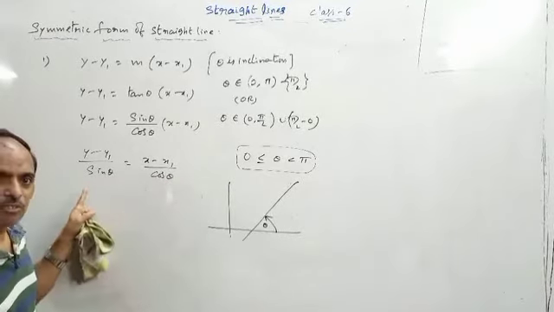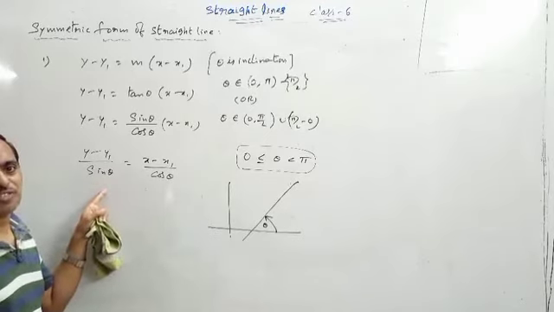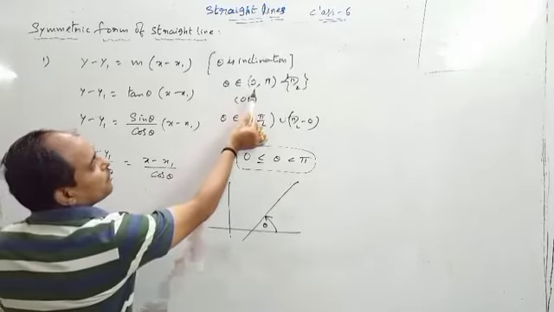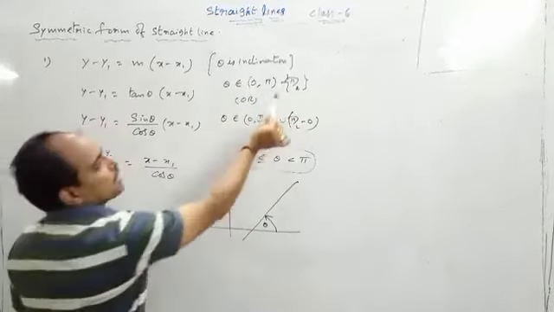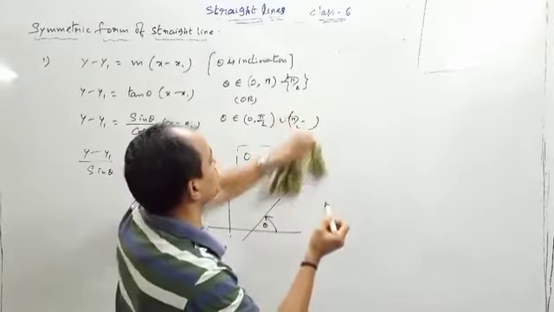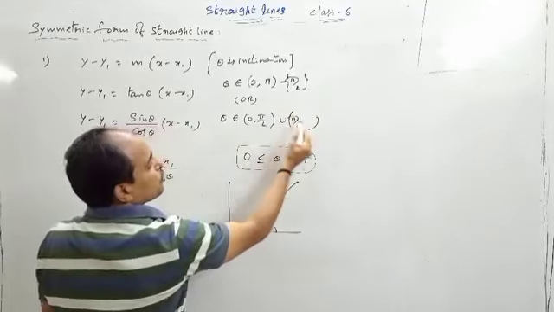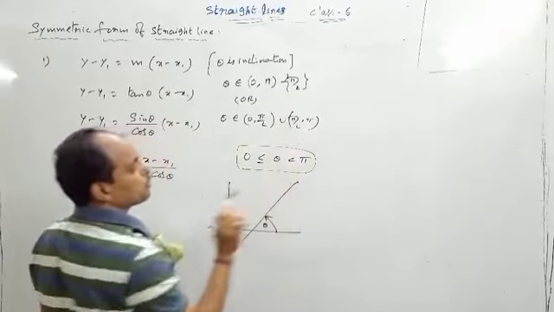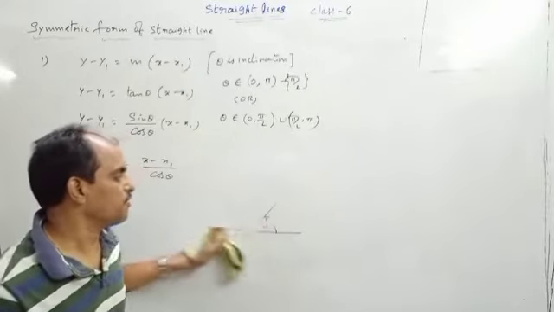If theta is equal to 0, then sin 0 is 0. So theta values are 0 to pi excluding pi by 2, or you can write 0 to pi by 2 union pi by 2 to pi. So this will be the concept of symmetric form.